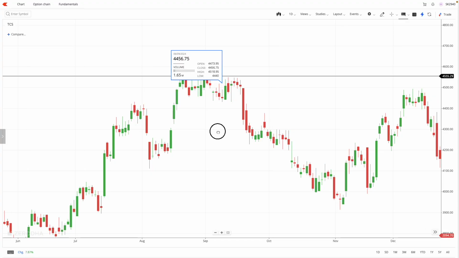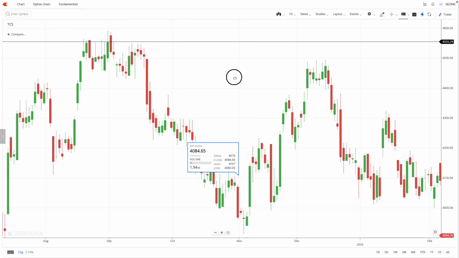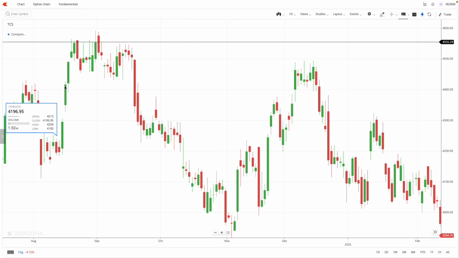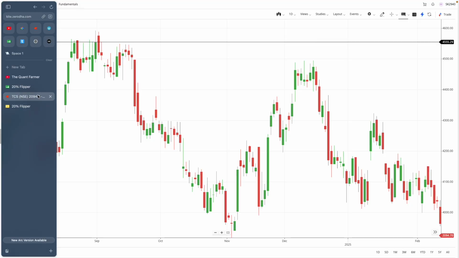So the stock started coming back. What we do is draw the 20% line below it. This is 4553, and I'm looking for it retracing by 20%. Sorry, that's 0.8. So I want the stock to close below 3642 to exit from this trade. 3642, let's mark it down.